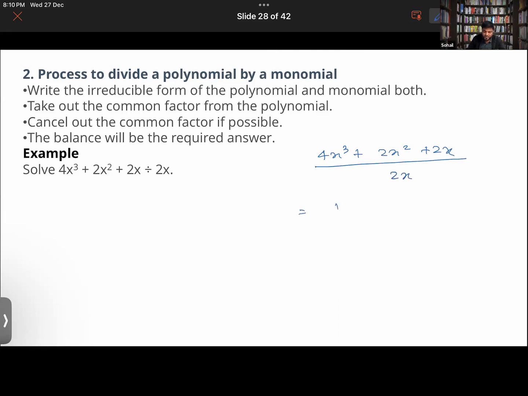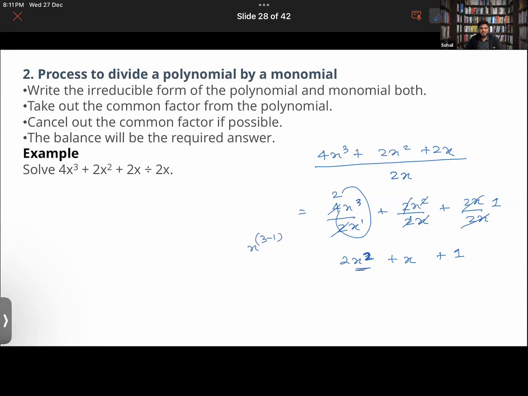So now, can I also write it as 4x cube upon 2x plus 2x square upon 2x plus 2x upon 2x? So this cancels, and we are left with 2x square plus x plus 1. This will be 2x square, by the way, because this will become x raised to the exponent 3 minus 1. So hence x square is written here. That is very simple.